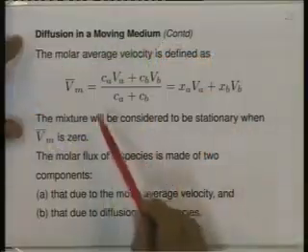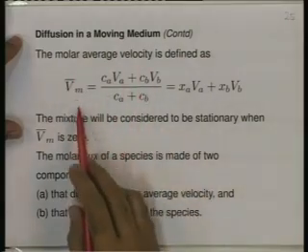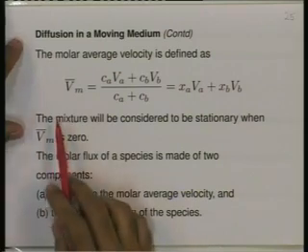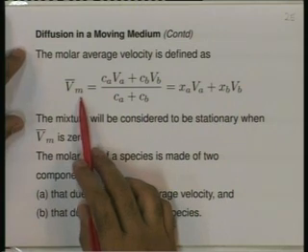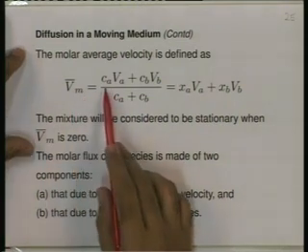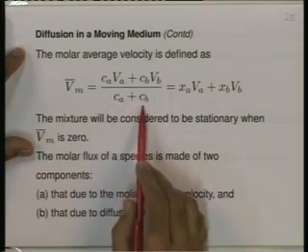We begin by defining an average velocity. Let us define the molar average velocity, V bar m. This is defined as Ca into Va plus Cb into Vb divided by Ca plus Cb.